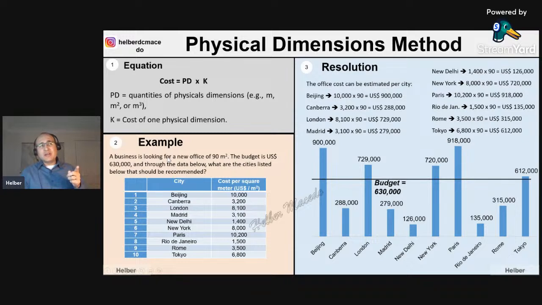Suppose here one example, you will find this example in the book as well. Suppose that one company is looking for a new office, and this office will be 90 square meters, not a big office, it's a small one, and they have a budget of $630,000.